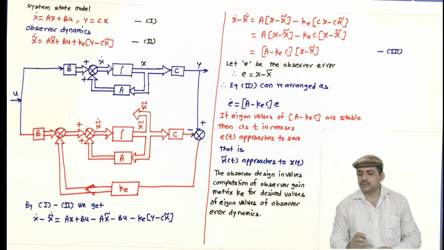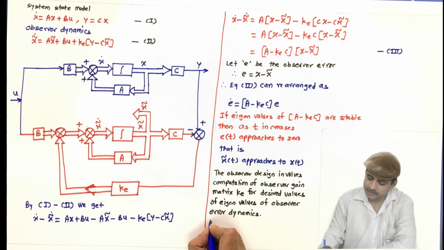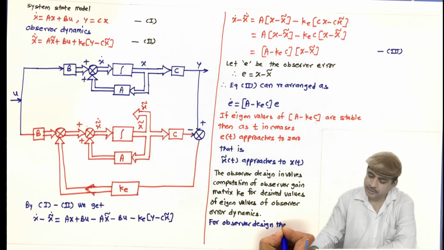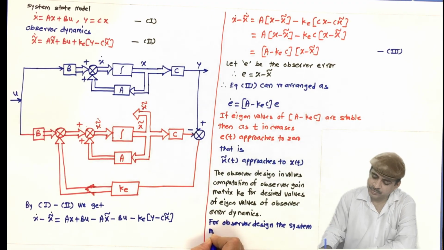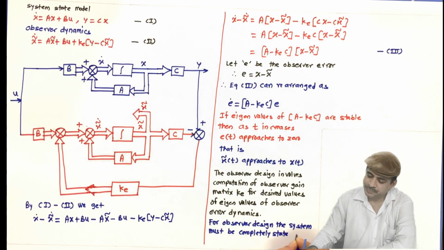And is it possible to design it every time? No, not at all. So for observer design, the original system must be completely state observable.